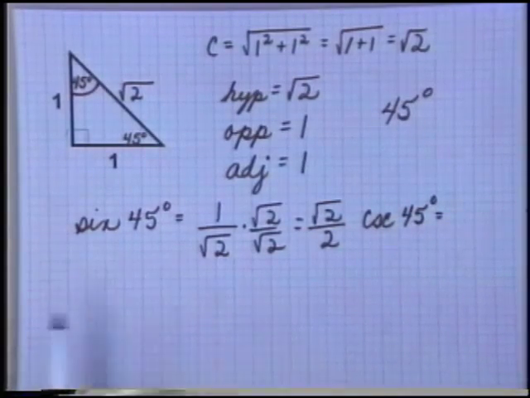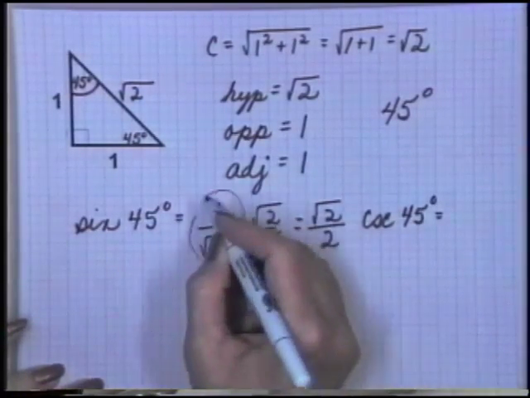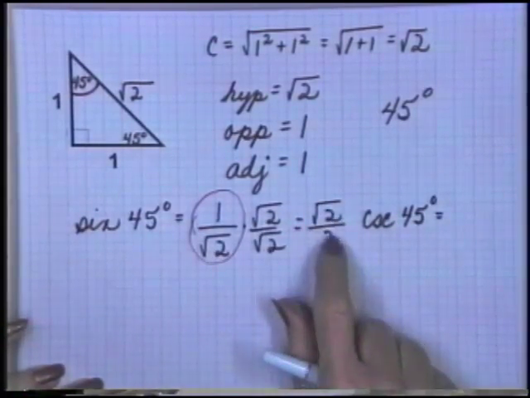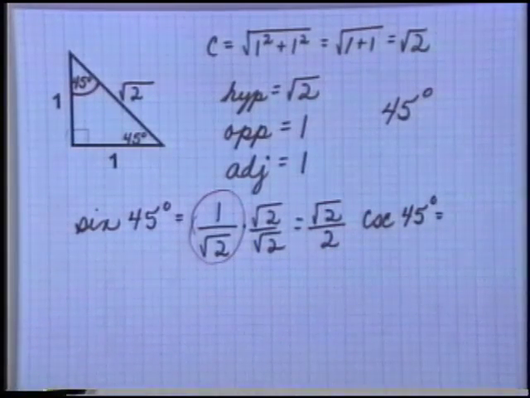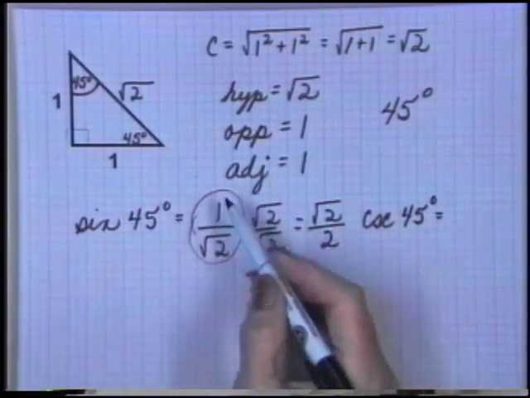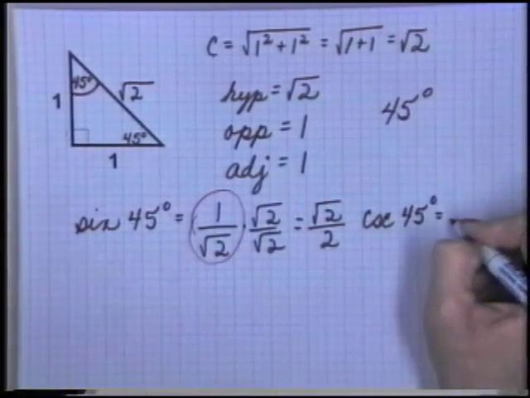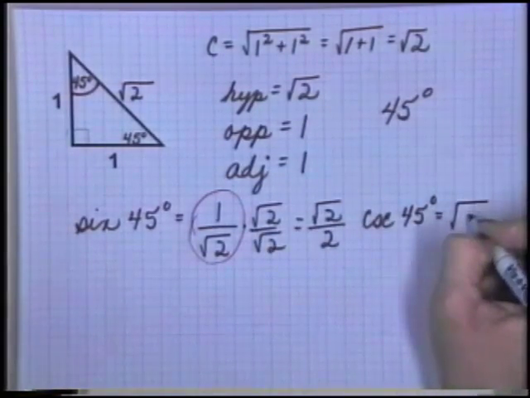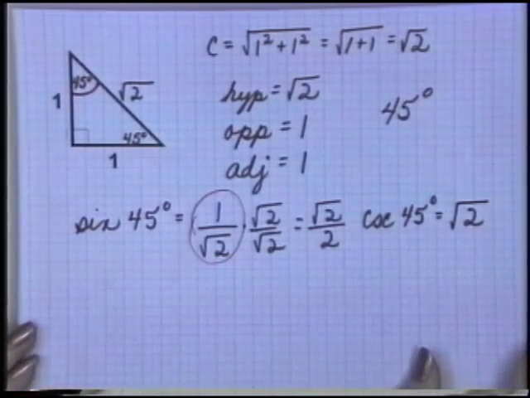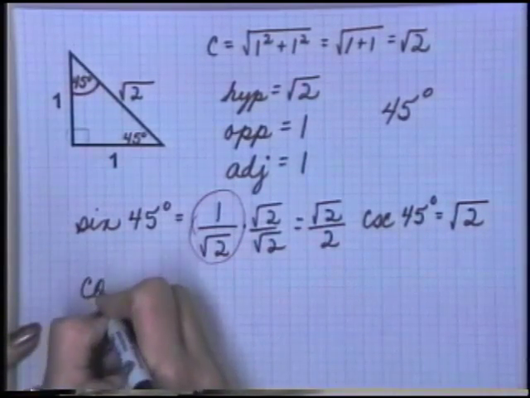For the cosecant of 45 degrees, we could find the reciprocal of the square root of 2 over 2, but because this is just the rationalized form of 1 divided by the square root of 2, once again it would be easier for what we want to see to use the 1 divided by the square root of 2. So the reciprocal of 1 over the square root of 2 is simply the square root of 2 over 1, and of course we don't need that 1 in the denominator.